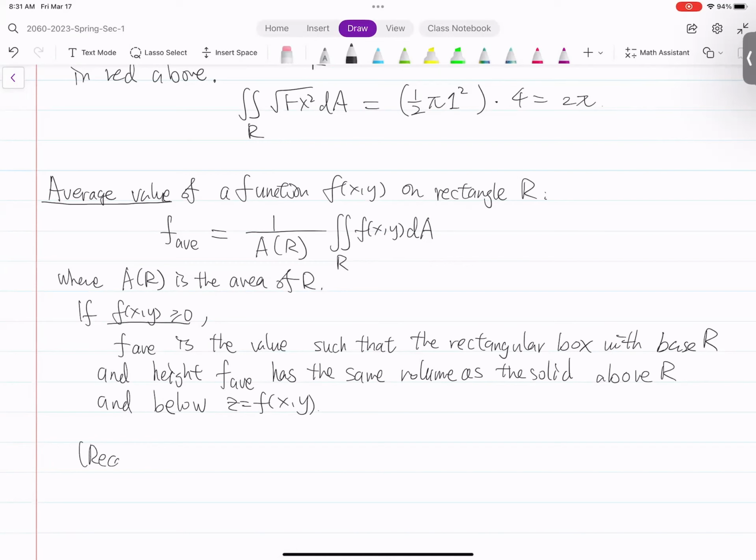Recall the average of a single variable function is 1 over the length of the interval times the integral over the interval.